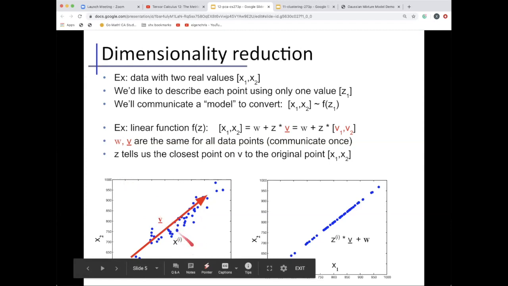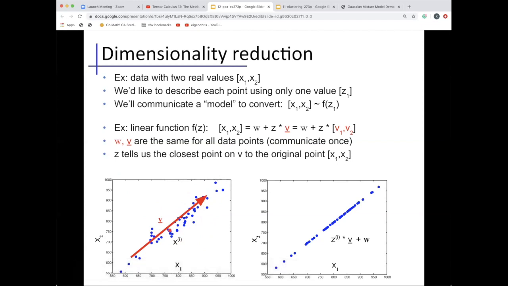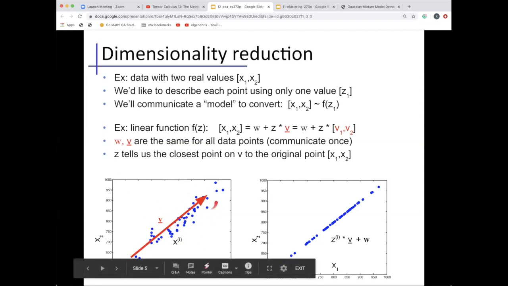But if I project along the other direction, all the data sets after projection would be clustered and lumped together. When you cluster together, you cannot differentiate the data sets. However, this V direction is good because along this direction, the original data set that is spread out is still spread out even after the projections.